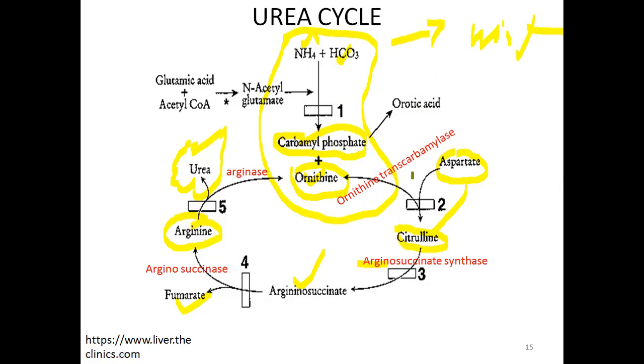And these reactions that we are referring to occur in the cytoplasm. In fact, when there is formation of ornithine in the cytoplasm, it enters into the mitochondria to react with the carbamyl phosphate. Just remember that. Okay, so let us move on.